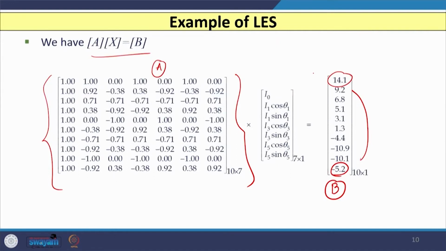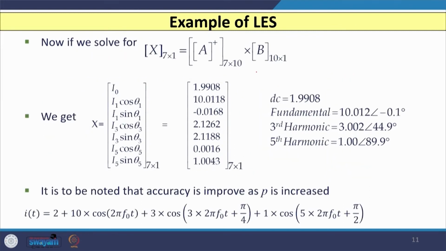Now, if you calculate the unknown matrix X, it is the pseudo inverse of A, that is A plus, 7 cross 10, times the B matrix, 10 cross 1. So, you have X that is 7 cross 1. Whatever value you obtain, you can see that the DC value is 1.99, which is again very close to the actual value 2.